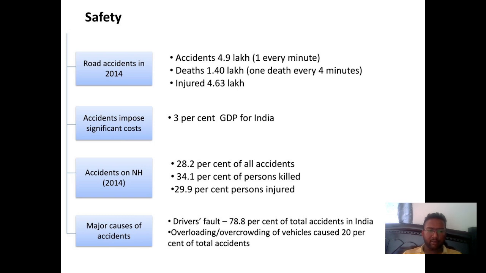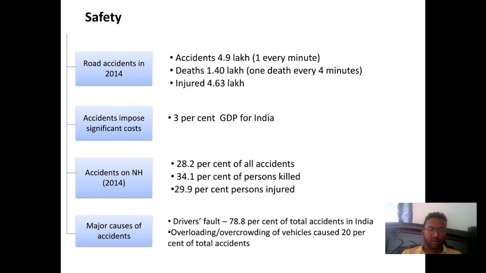Accidents on national highways in 2014 were 28.2% of all accidents, with 34.1% of persons killed and 29.9% of persons injured.